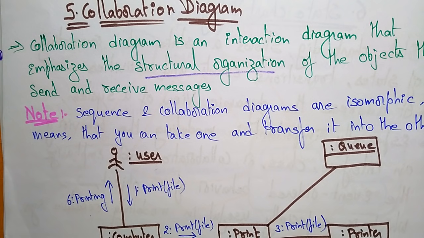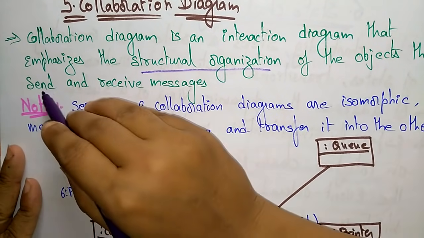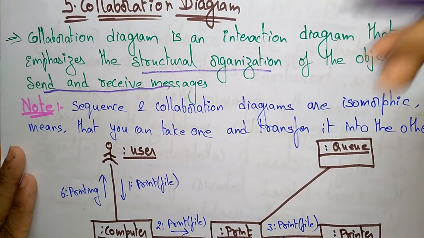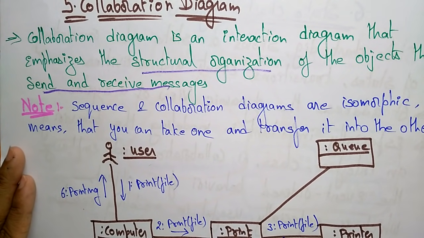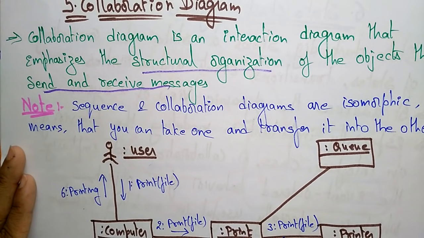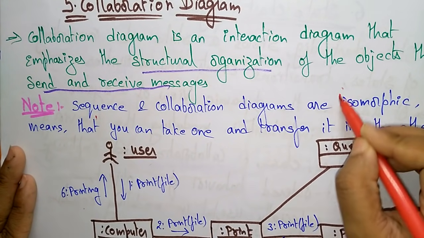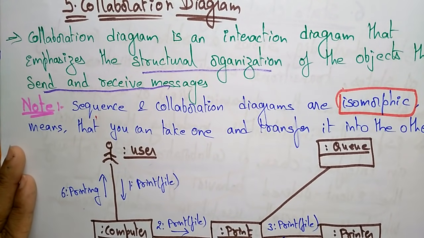The collaboration diagram emphasizes the structural organization of the objects that send and receive messages. What message we are sending and what we are receiving will be represented by the collaboration diagram. One thing you have to note is that the sequence diagram and the collaboration diagram are isomorphic.